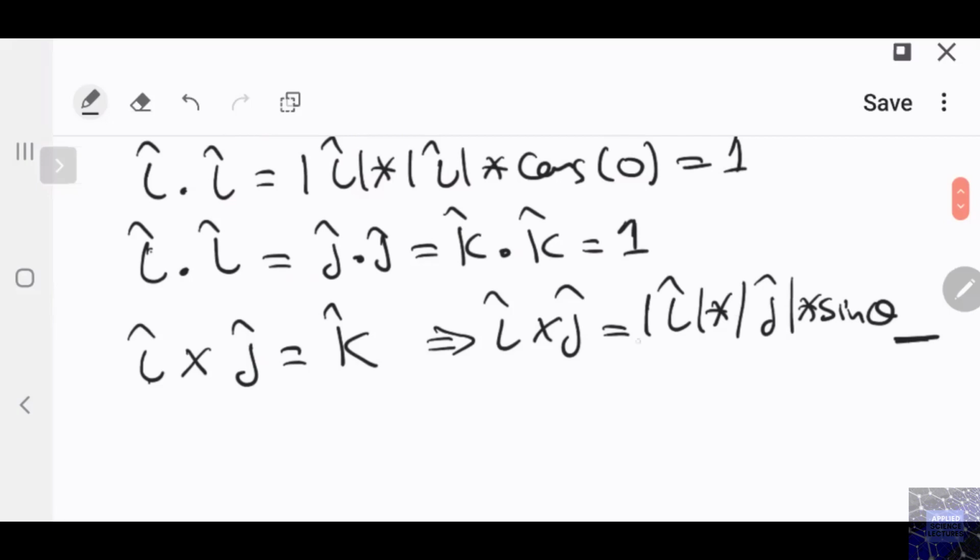So if we say in this case that the angle between i and j is 90 degrees, then this one becomes 1, and this one is 1 also, and this one is 1. So we need to find the direction of i cross j.